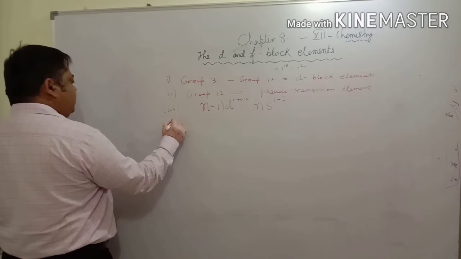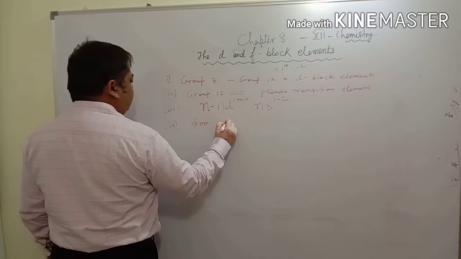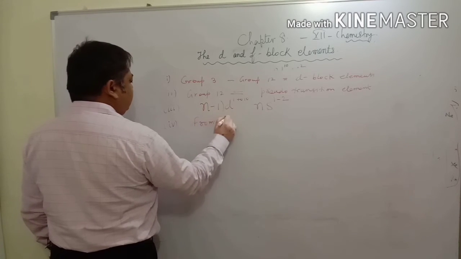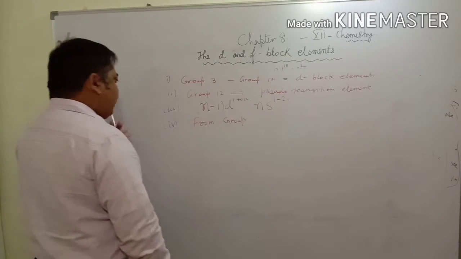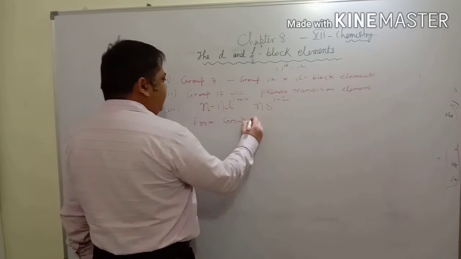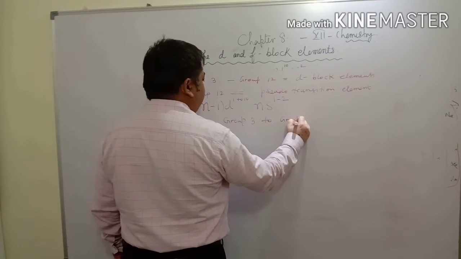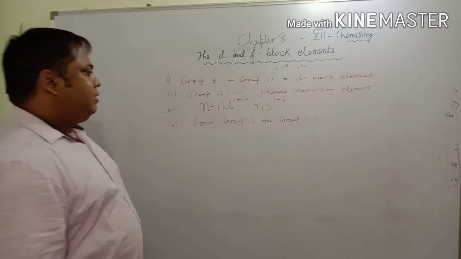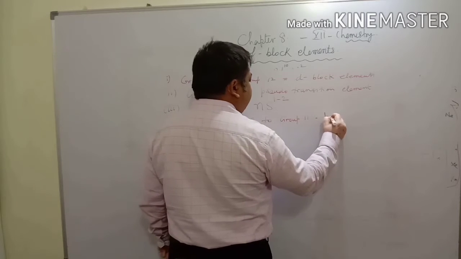Third, we have seen that from group 3 to 11 there are partially filled d orbitals.